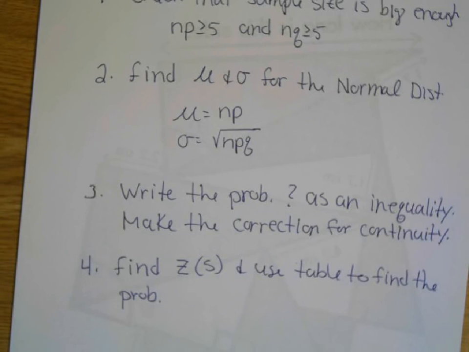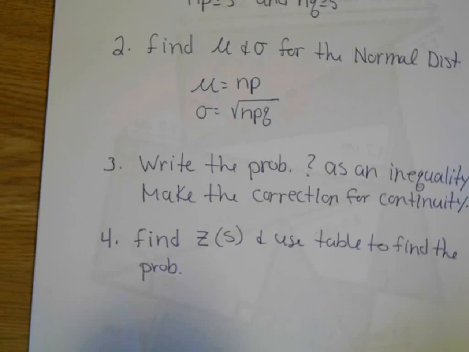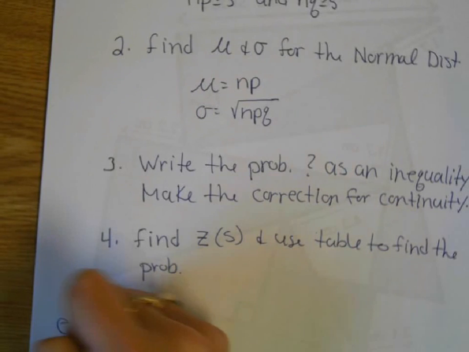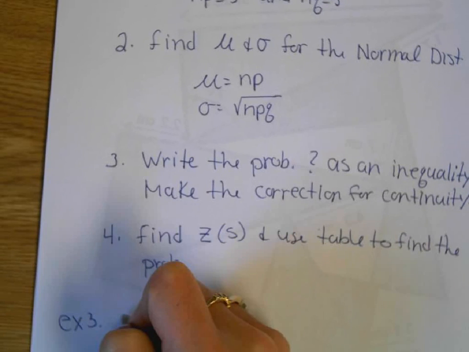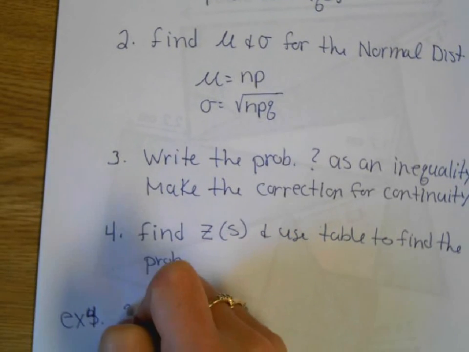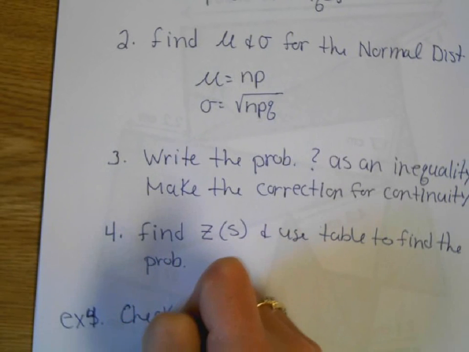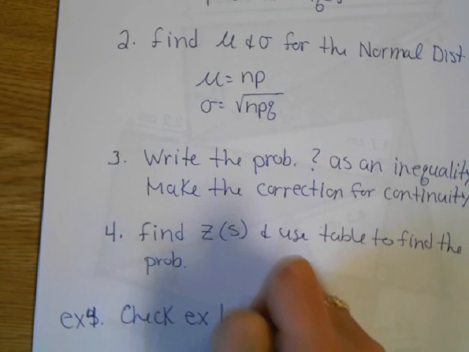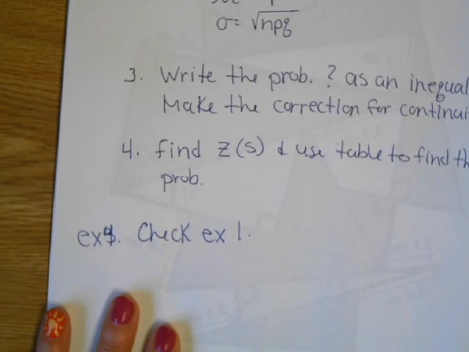So if we check our example 1, Sam already did. He said we can't use it because the n times p was too small. So example 4 will be to check example 1 and see if it's big enough.